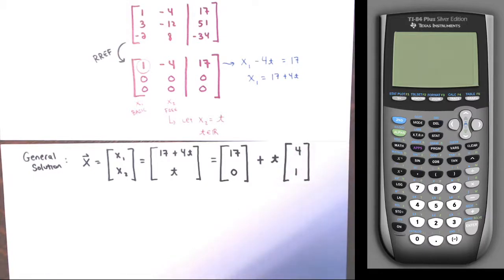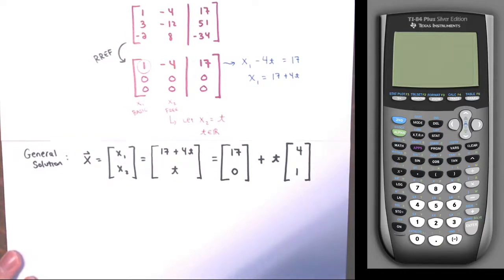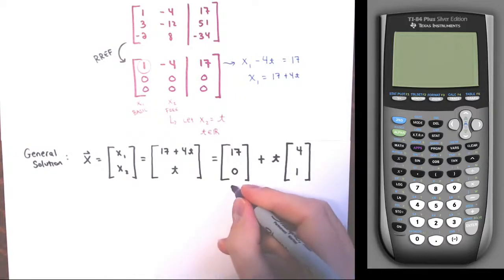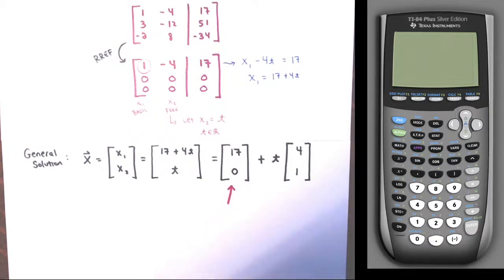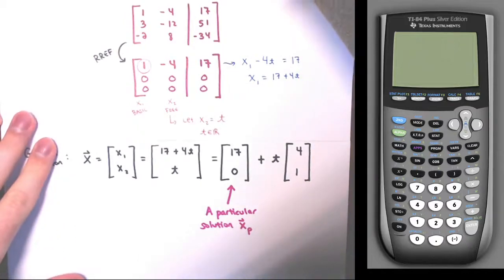If you recall from a video a while back, this 17, 0 is a particular solution to the system, usually called x_p. And all the terms with free variables attached represented the solution to the corresponding homogeneous equation.